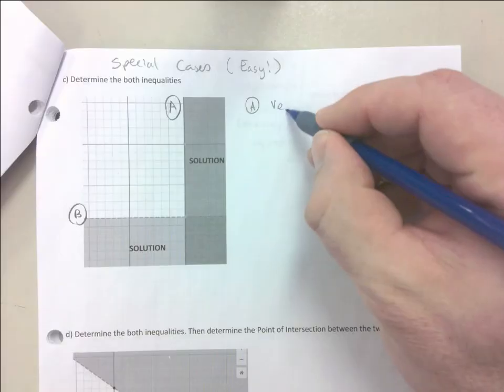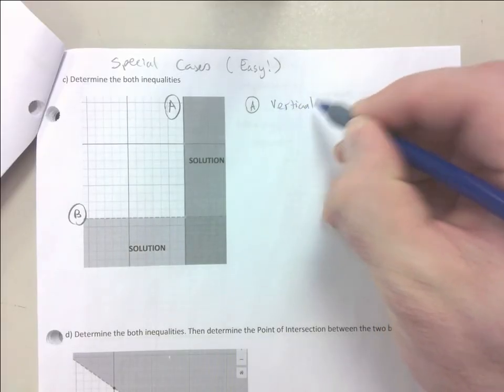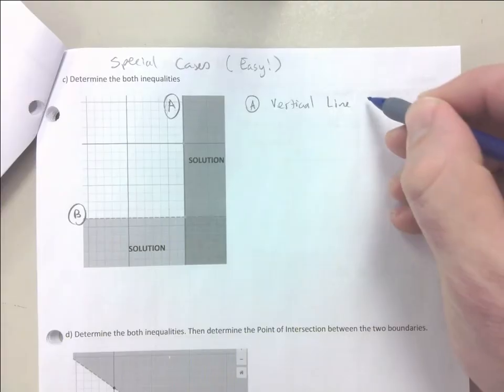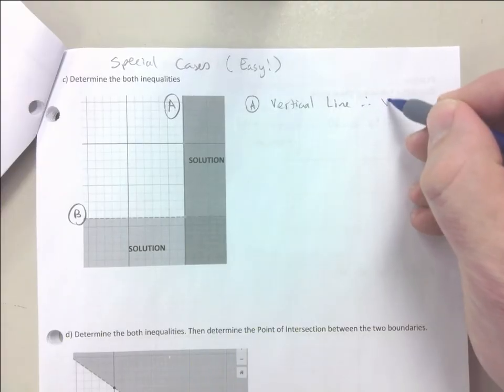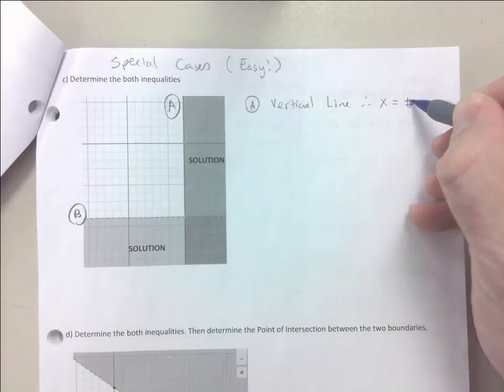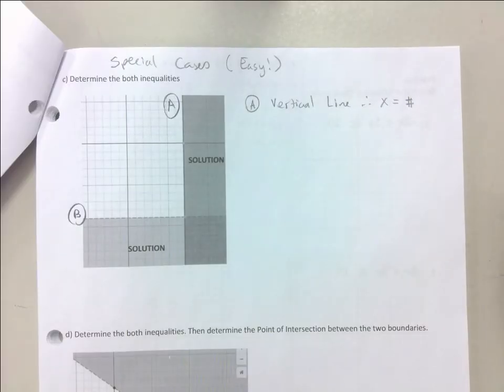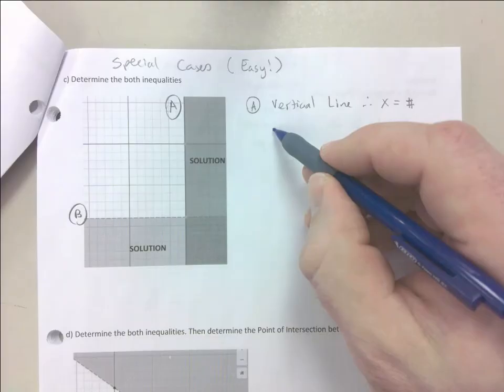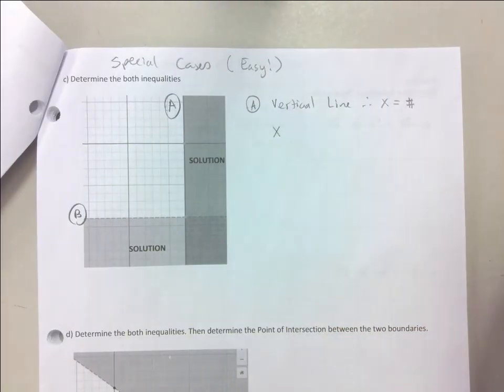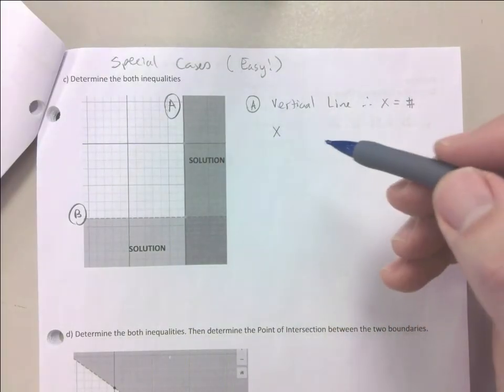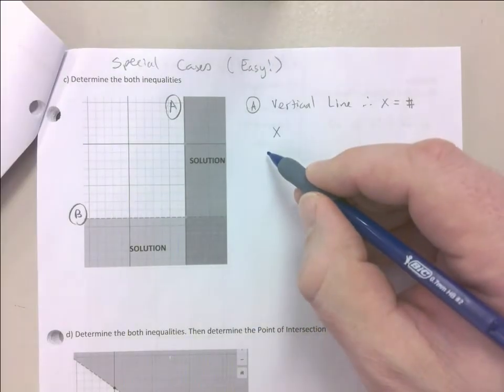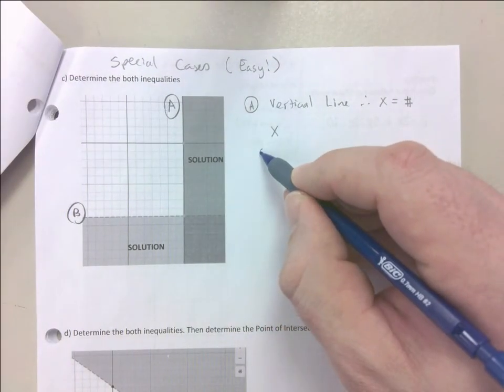And so if I want to find the inequality for A, this is a vertical line. Therefore, it will look something like this. Okay? So, x only, that's it. Where's the solution? The solution is to the right.